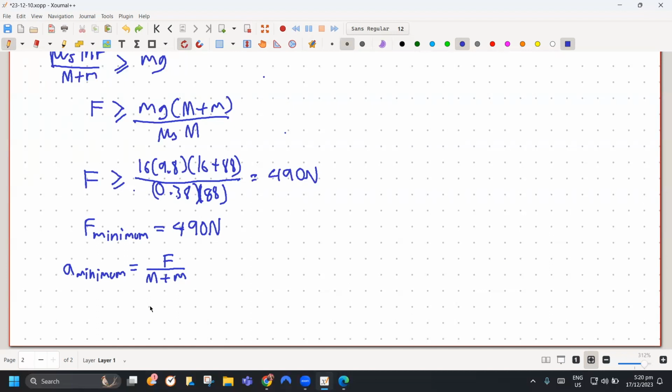mg, M plus m over mu s m. Plug in mo dyan. F is greater than or equal to mg, M plus m over mu s m, di ba? Define mo na siya as F minimum and then plug in mo dyan.